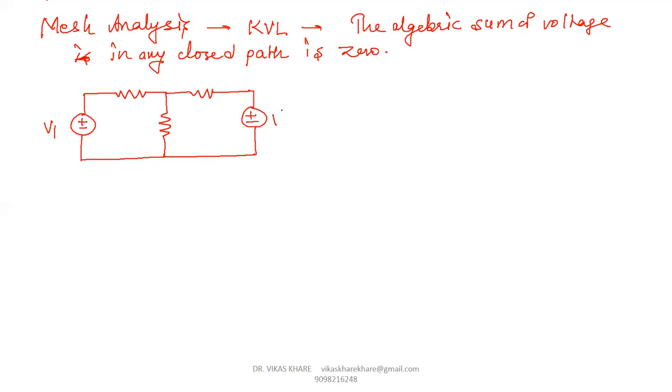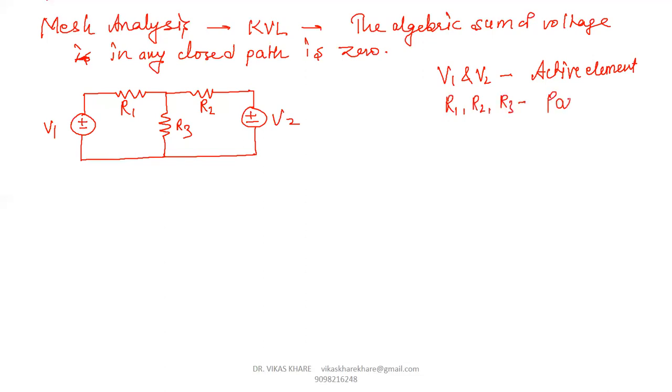V1, V2, R1, R2, and R3. In this case, V1 and V2 are active elements, which are used to deliver power, and R1, R2, and R3 are passive elements, which are used to receive power.